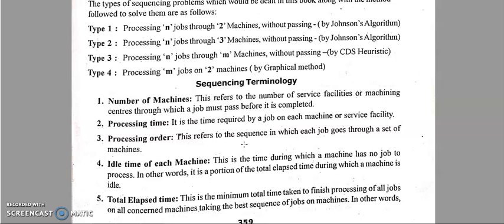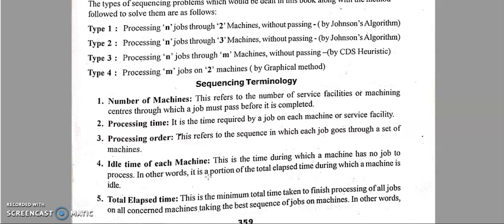As I said, there are n jobs and m machines, and the sequence in which the jobs go through each machine is the processing order. Then the idle time of each machine. Idle time means the time when a machine is static, meaning there is no job on that particular machine.